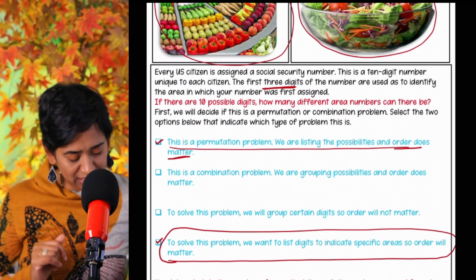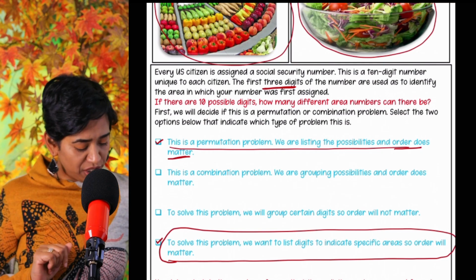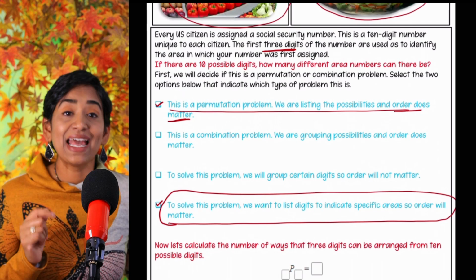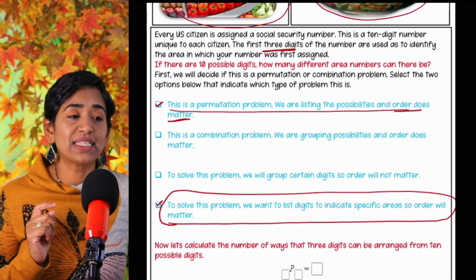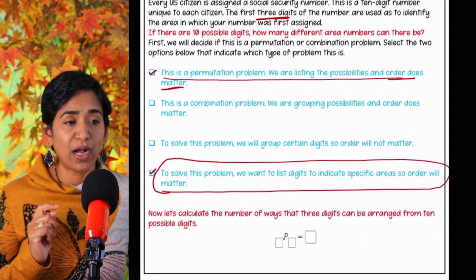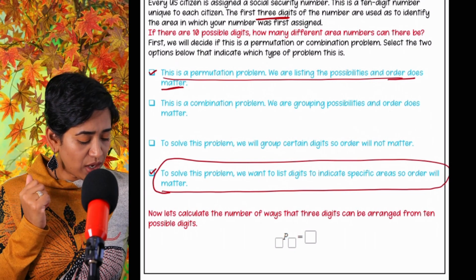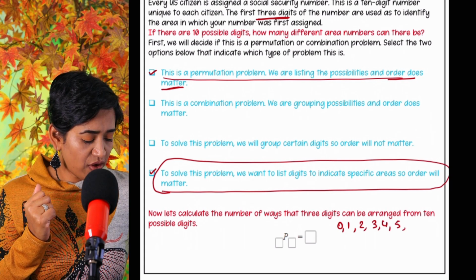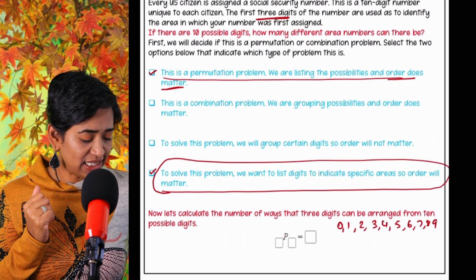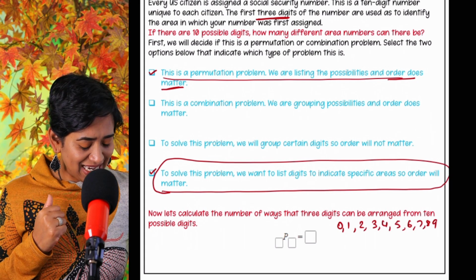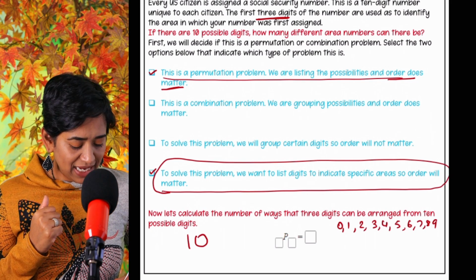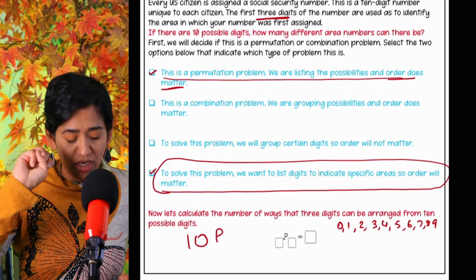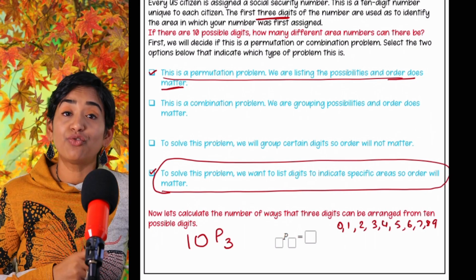Now that we know it's a permutation, let's calculate the number of ways that the three digits can be arranged from the possible digits. How many do I have? 0, 1, 2, 3, 4, 5, 6, 7, 8, 9. So totally I have 10 digits. I know it's a permutation. I'm only picking three, the first three. 10P3.